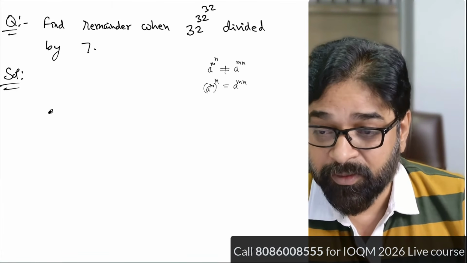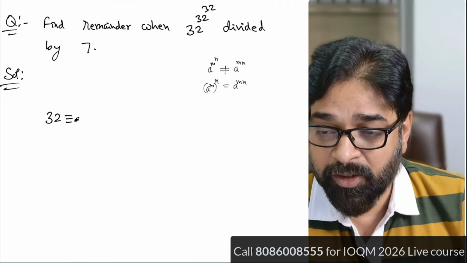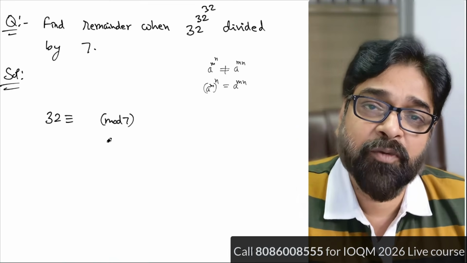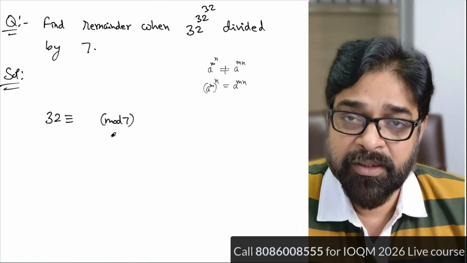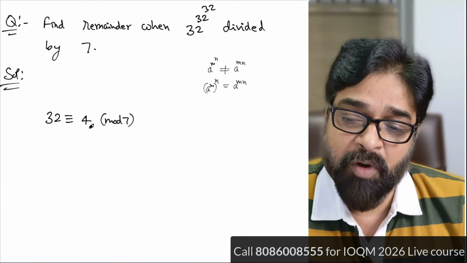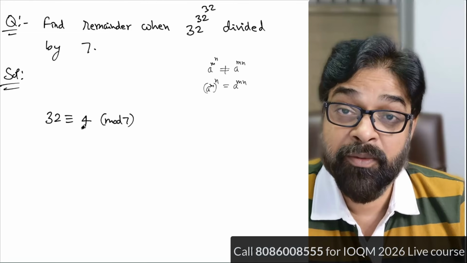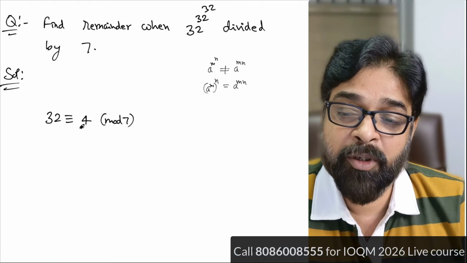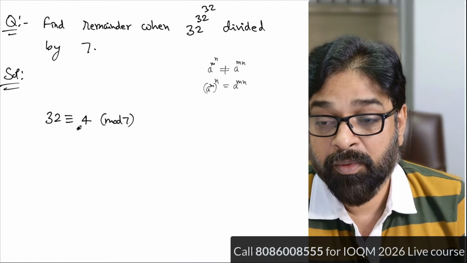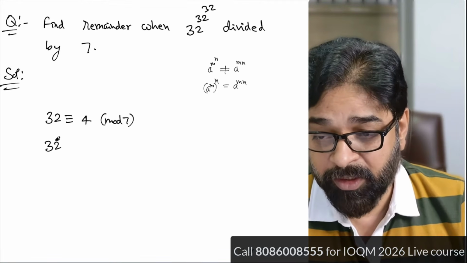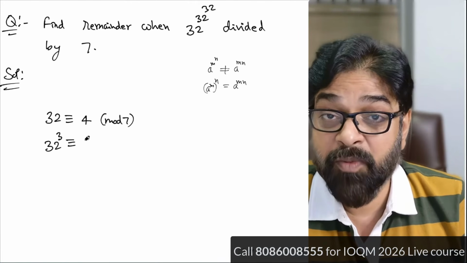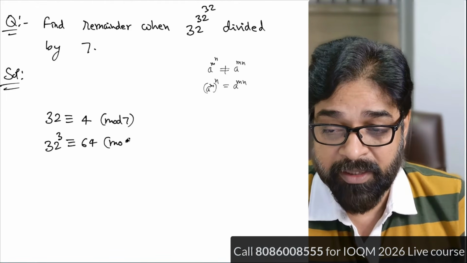First thing, 32 is congruent to what modulo 7? You say 7 4s are 28. Yes. So 28, 4. But I want here 1 or minus 1. What should I do? I will put power 3 on both sides. So 32 power 3 is congruent to 4 power 3. 4 power 3 means 64 modulo 7.